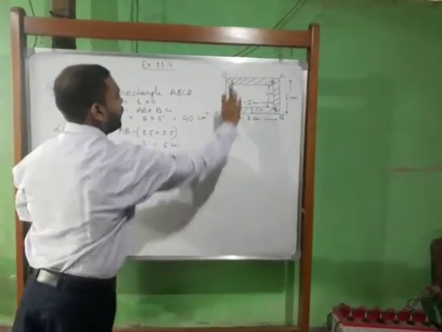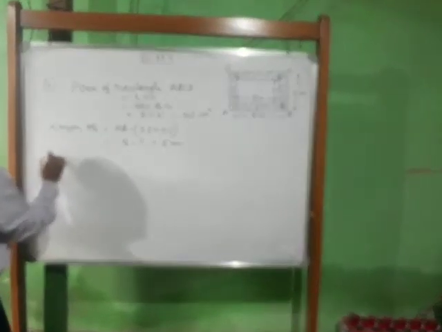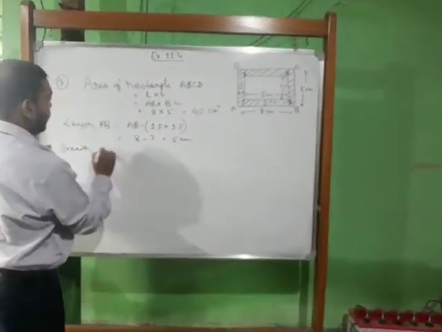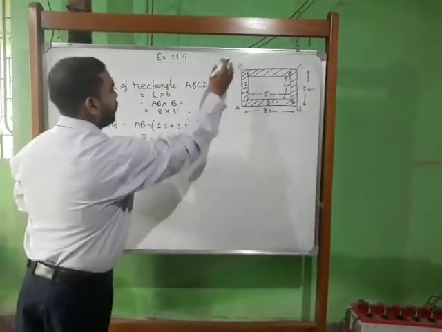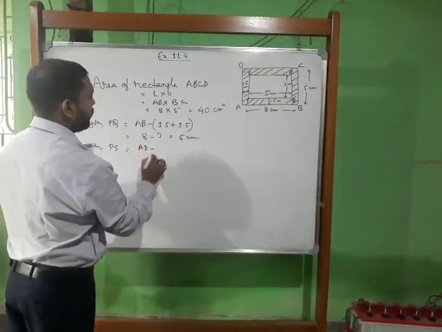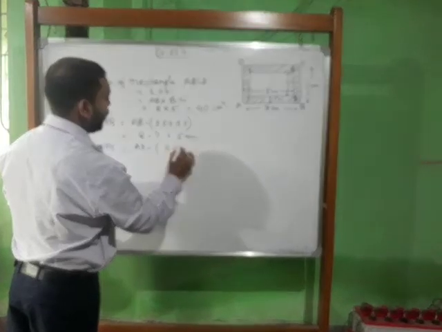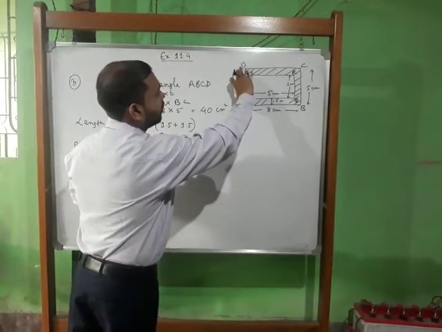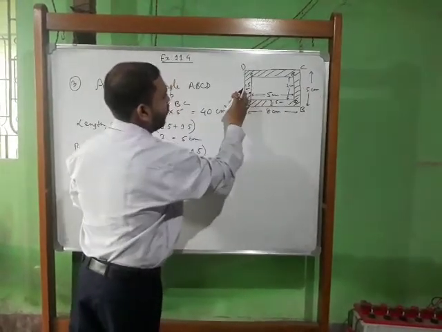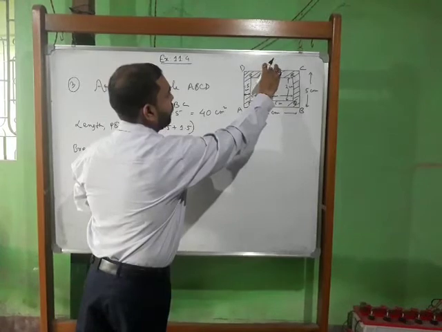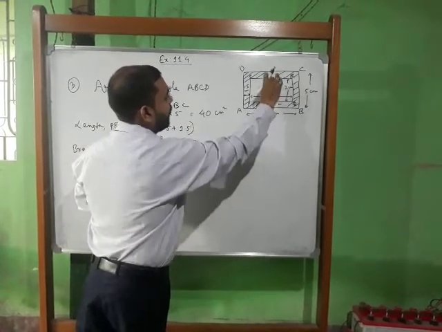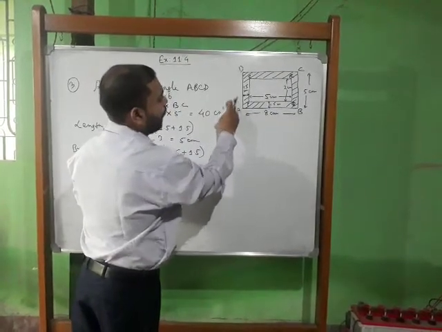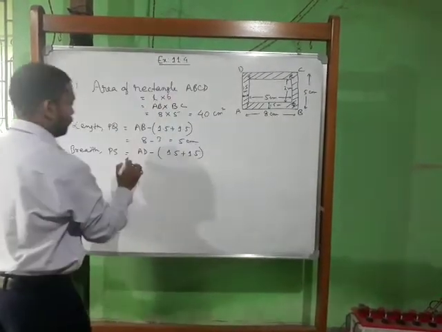Now let us calculate PS, the breadth. PS is equal to AD minus 1.5 plus 1.5. Now you see AD is already given, it is 5 centimeter. Here the width is 1.5, again 1.5, so that means 3 centimeter. If I subtract 3 from 5 centimeter, we will get PS.